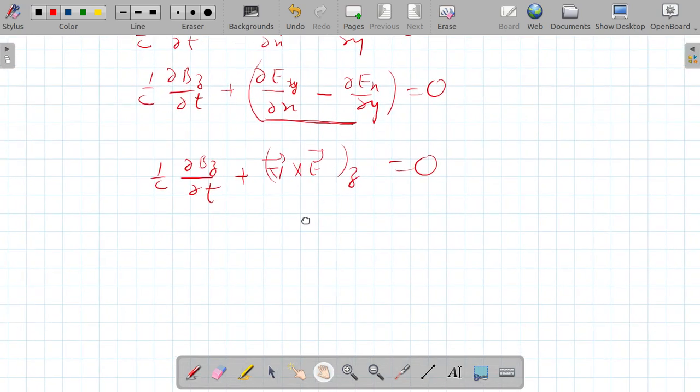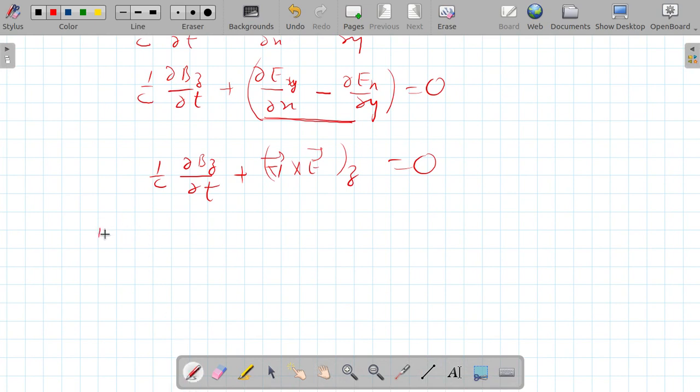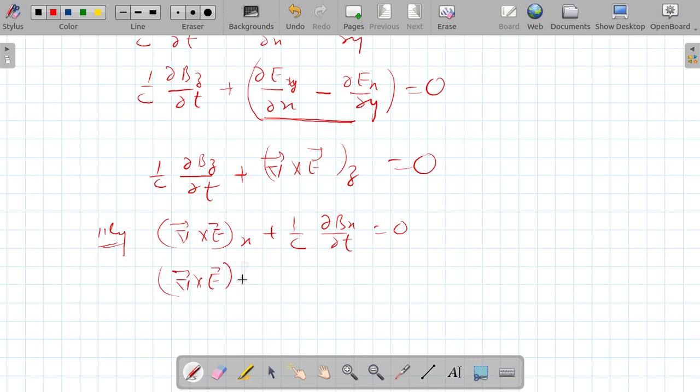Similarly, we can deduce the other components: the x component of del cross E plus (1/c) ∂Bx/∂t equals 0, and the y component of del cross E plus (1/c) ∂By/∂t equals 0.